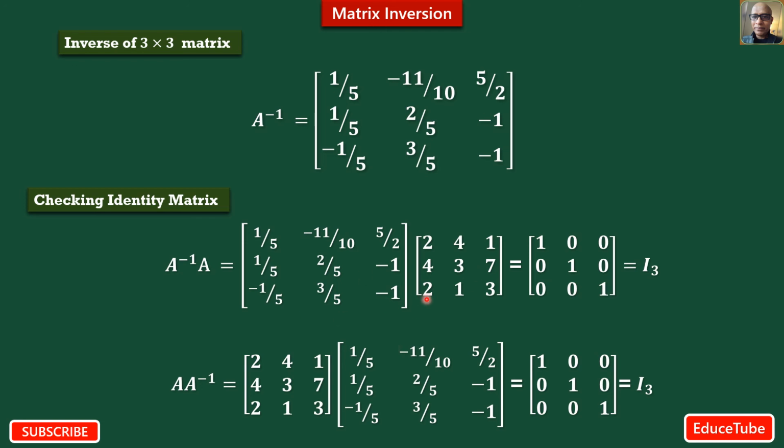If we reverse it, like A inverse A, we find the same result. It is also the same identity matrix of order 3, a 3 by 3 square matrix. So it is proof that our result is correct.